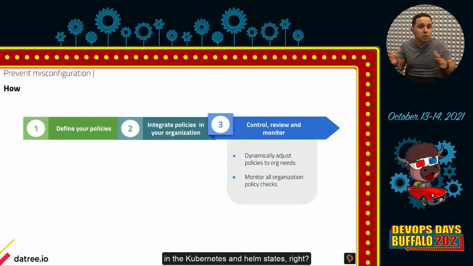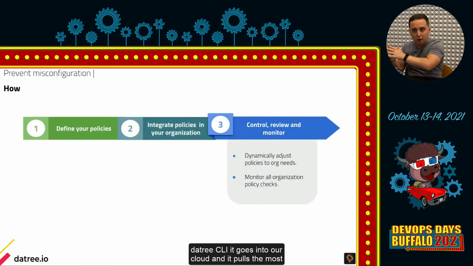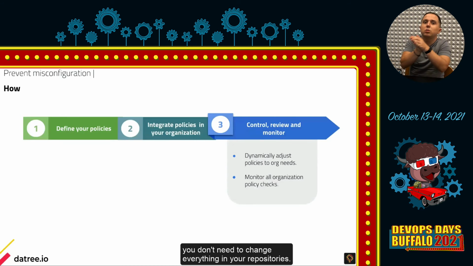We run only on Kubernetes and Helm states, so you can use it only for this. If you want something else, you need to find other solutions. But for us, when you run the Trivy CLI, it goes into our cloud and pulls the latest policy. So once you want to change the policy, you don't need to change everything in your repositories.